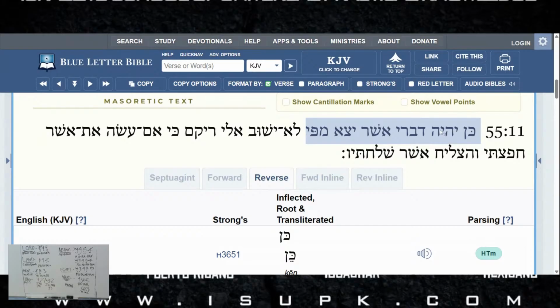So shall it be my word which goeth forth out from my mouth, which went forth out of my mouth. So now we read in the Hebrew. Kun, Yahaya, Debarya, Ashar, Yataza'ah, Mapaya. So shall it be my word which went forth out of my mouth.